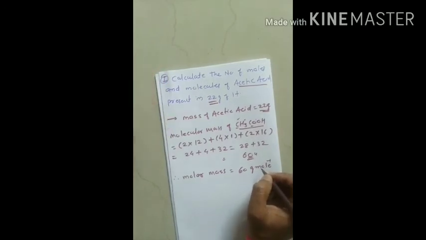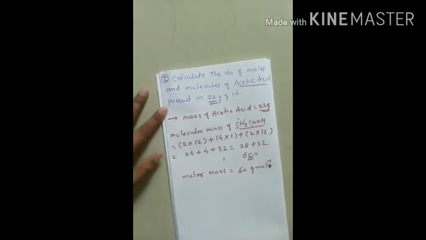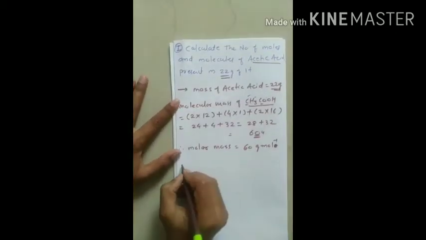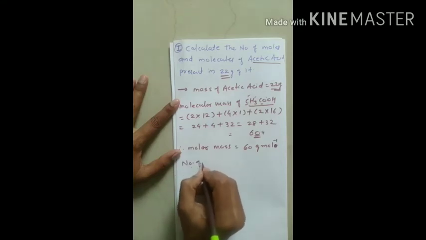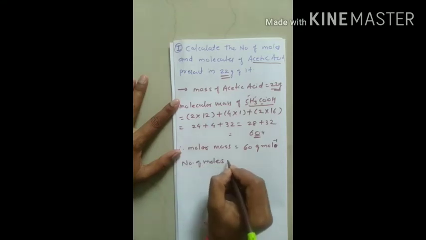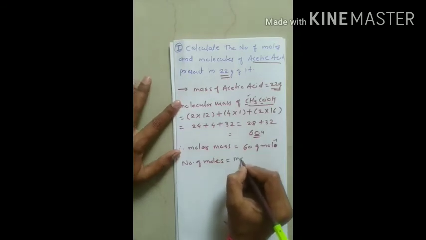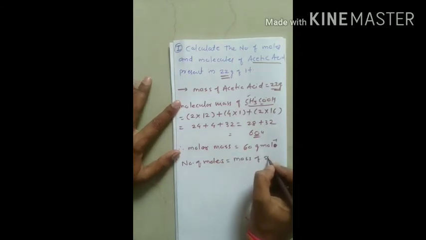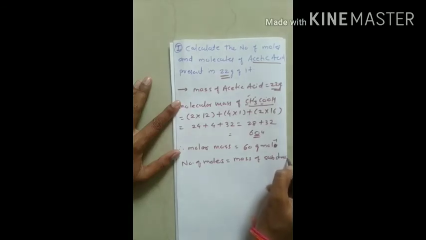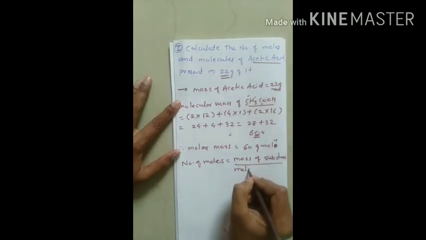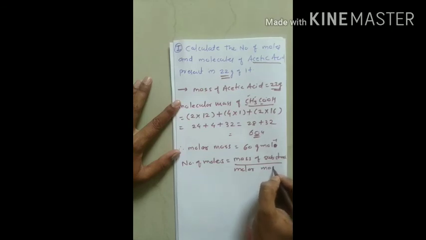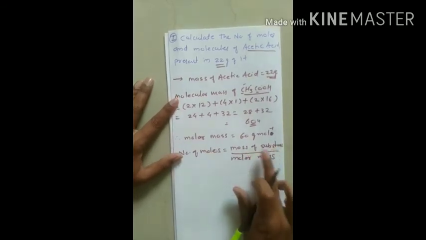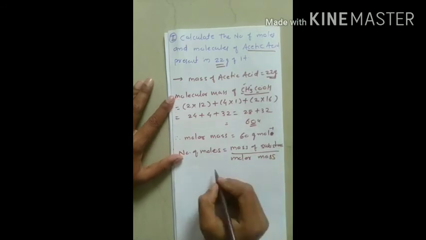This is the molar mass, and once you get the molar mass, you use the formula: number of moles equals mass of the substance divided by molar mass, or you can write here directly mass of acetic acid also. This is the general way of writing the formula, more precisely the mass of acetic acid divided by the molar mass of the same.